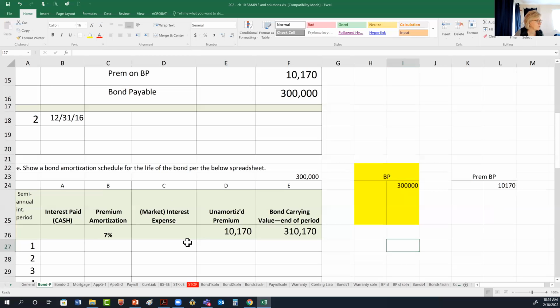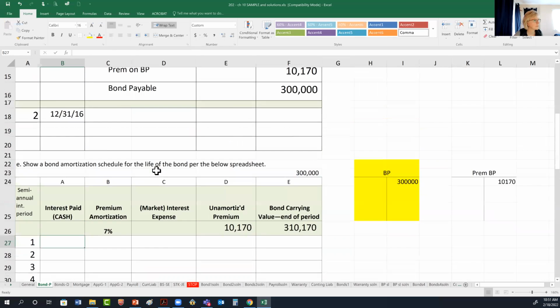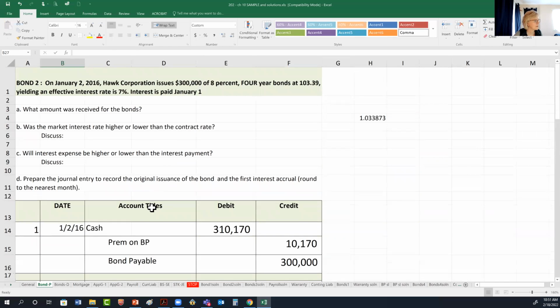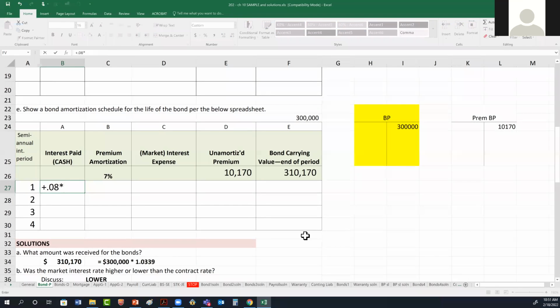So how much interest do we have to pay the bondholder? The contract rate, how much do we have to pay? What's the math for that? It's 8%, right? 8% of what? The bond, 300,000.